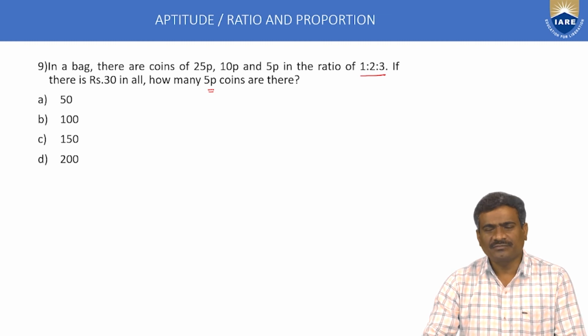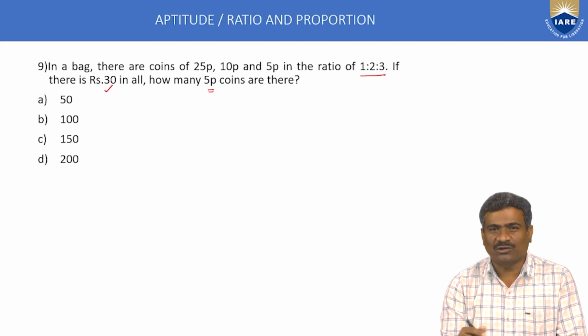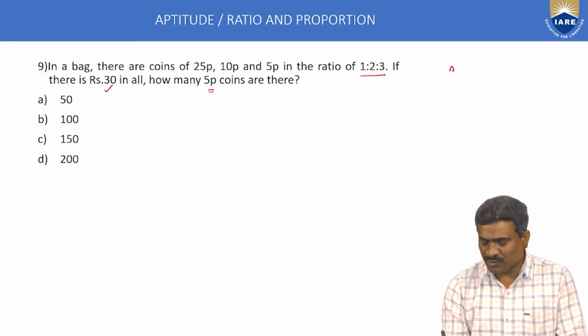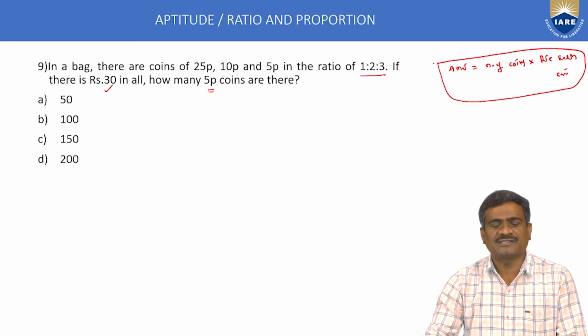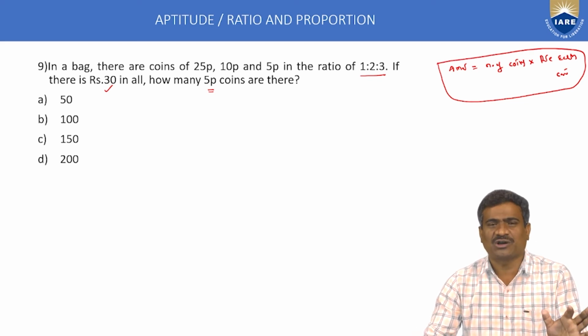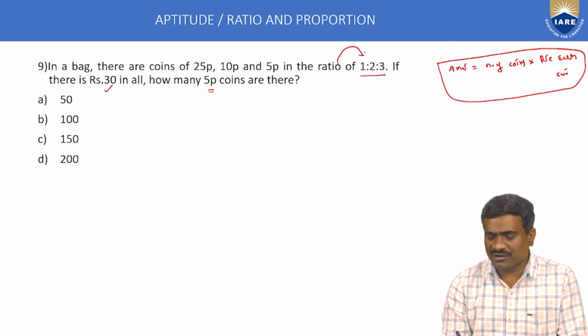Method, logic: total amount is equal to 30. Amount is equal to number of coins into rate for each coin. This is about the amount logic. Denomination is nothing but number of coins.